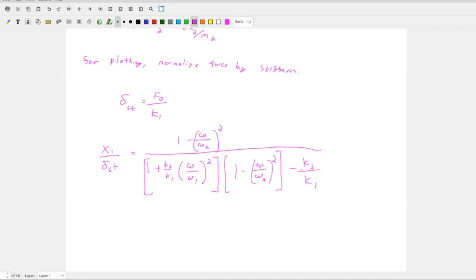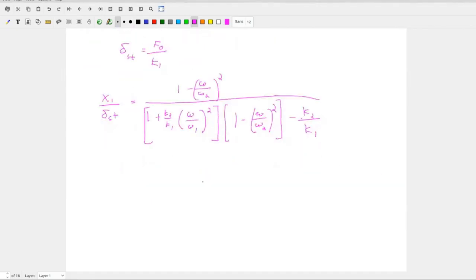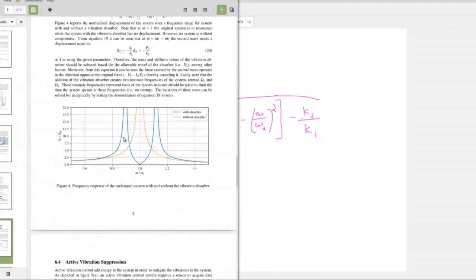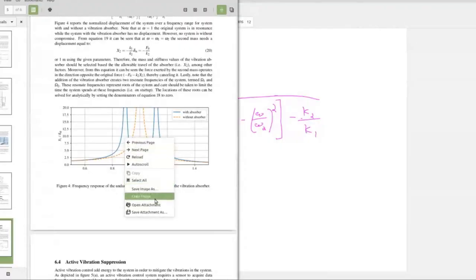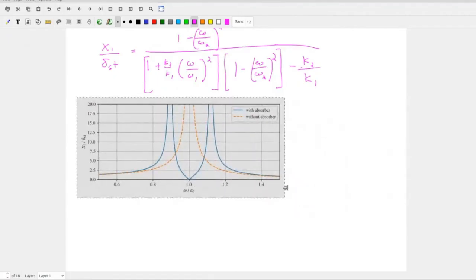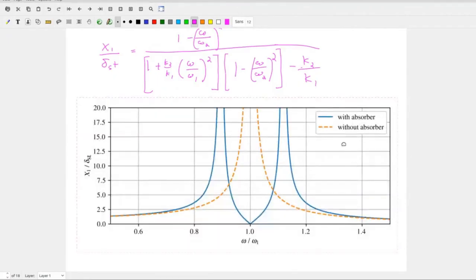So let's go ahead and plot this. And you can do the same thing for x2, but we don't really care about the displacement of x2 that much right now. Okay, so here is our displacement, x1 over delta st, for our system with an absorber and then without an absorber, right?